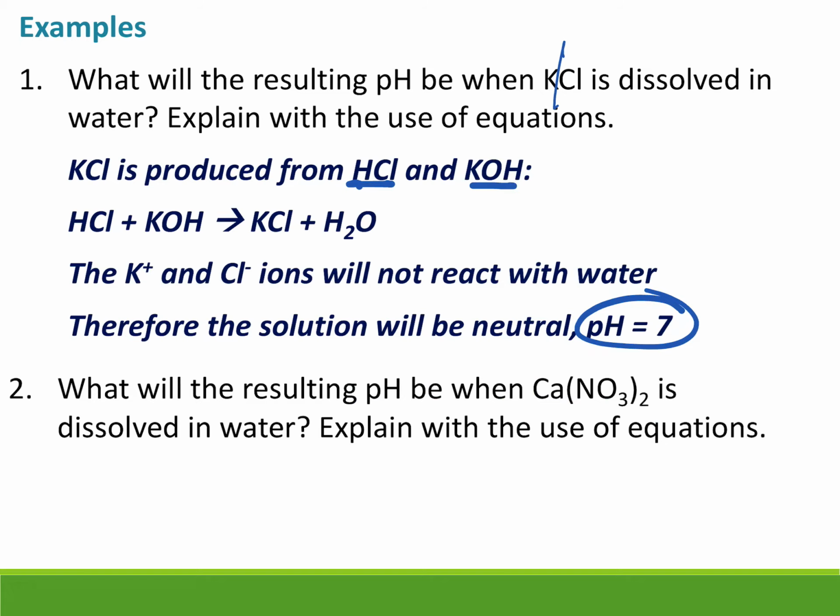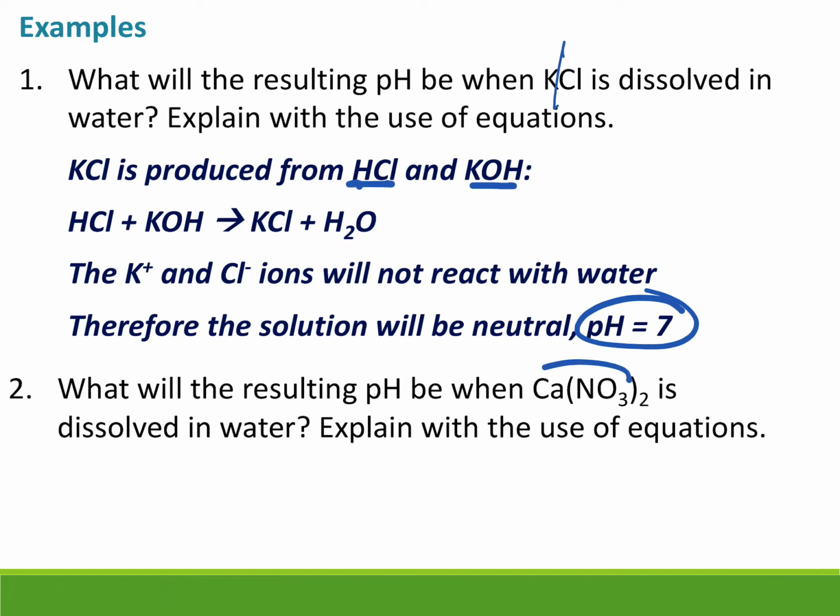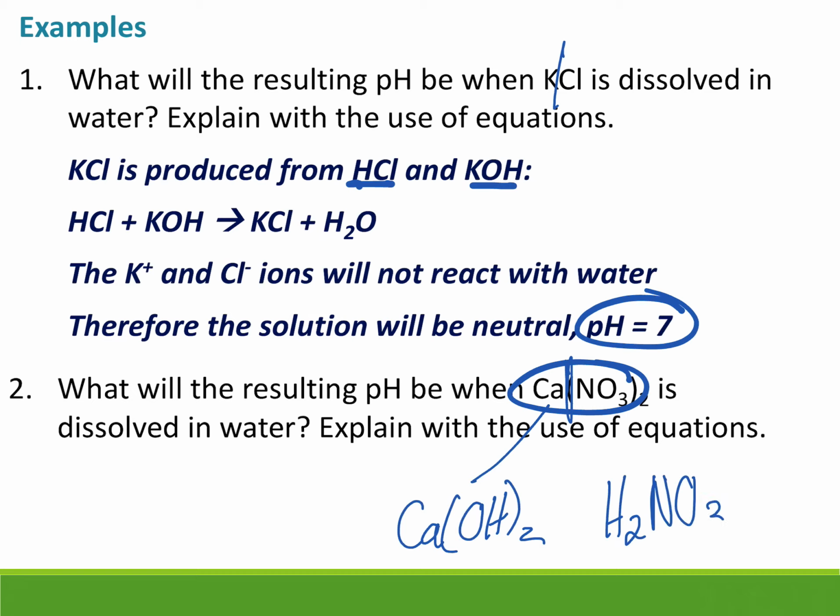If I look at calcium nitrate, remember, you're going to break it up. So your base is going to be calcium hydroxide, and your acid is going to be HNO3, nitric acid. Calcium hydroxide is a weak base. Nitric acid is a strong acid.